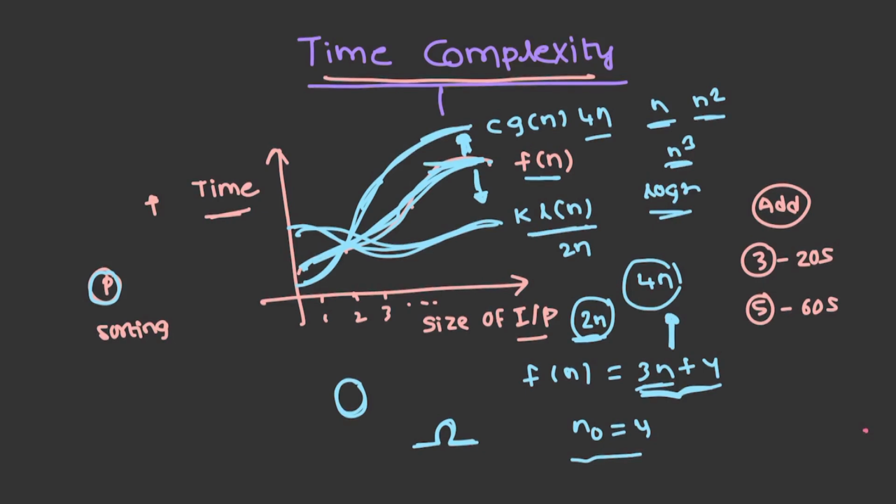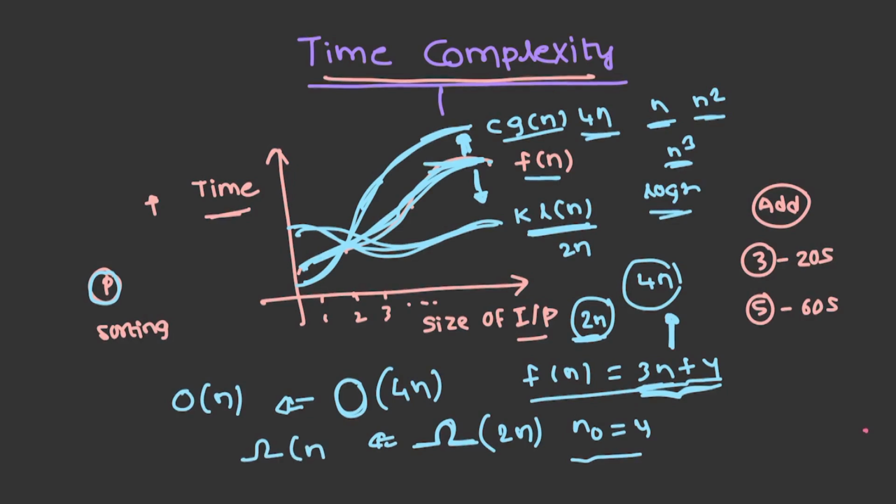In this case, for this function 3n plus 4 can be written as order of g of n. G of n is 4n, so order of 4n or big omega of l of n which is 2n. It can be interpreted as order of n and omega of n respectively because we tend to ignore the constants when dealing with time complexity or space complexity.